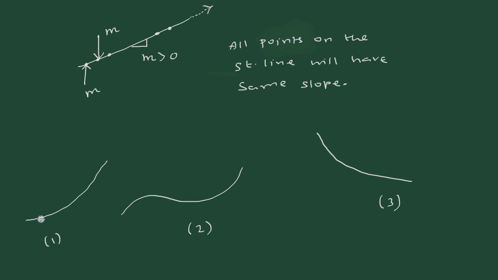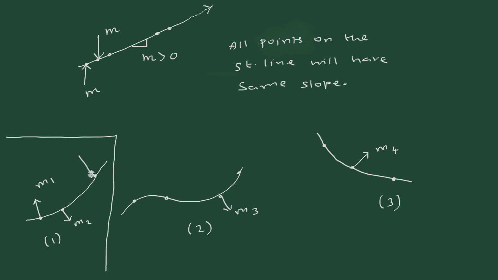For the curve, you put any point you like, this point or this point or this point, and the interesting thing is that whenever you change the point, the slope also changes. Therefore the slope at this particular point is m1, at this point is m2, this one has m3, that one has m4, and so on. Take only one curve. Within this one curve, each point has a different value.